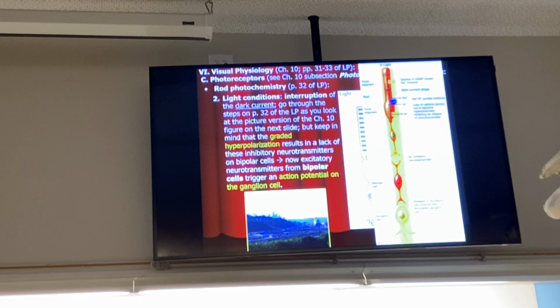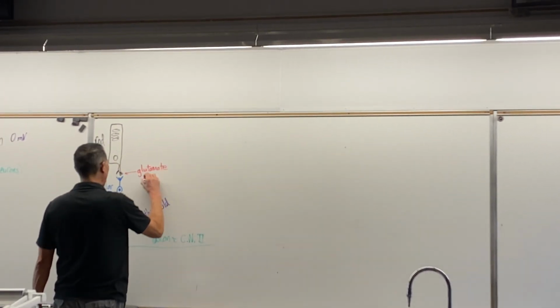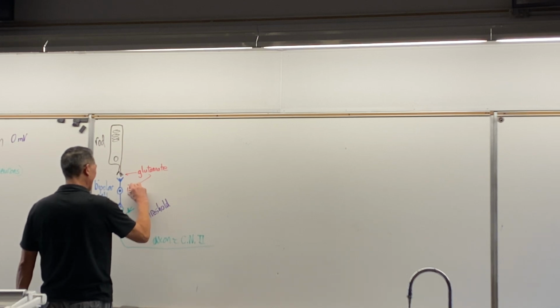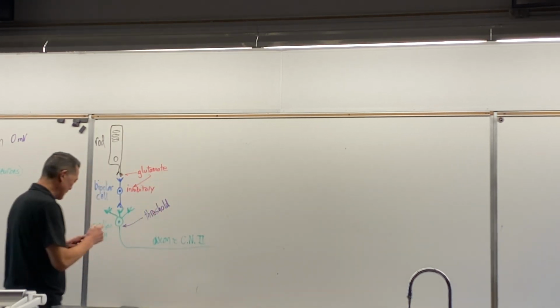Did I cover everything on the second essay? Yeah. So you got to know that this coming out of the rod is glutamate. And that is inhibitory on the bipolar cell.